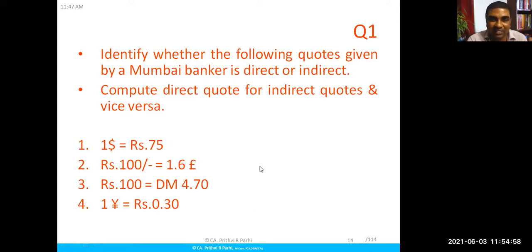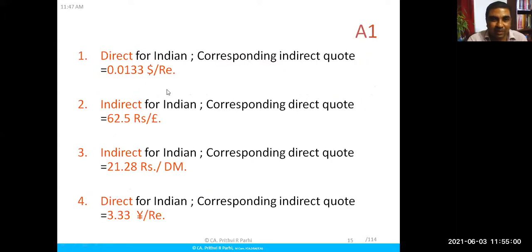So we have understood direct, indirect, indirect, direct. Let us see the answer. First one is a direct quote, second one is an indirect quote, third one is an indirect quote, fourth one is a direct quote. When I say direct quote, it is a direct quote for a citizen of a particular country. So it is direct for India, indirect for an American.